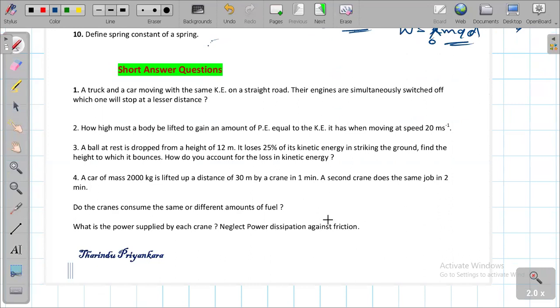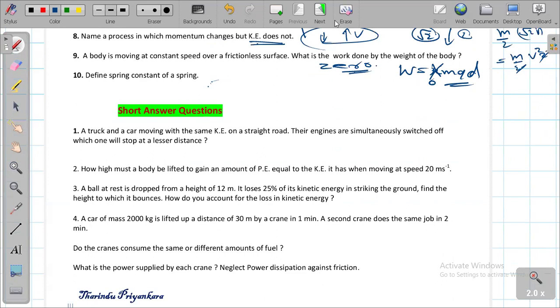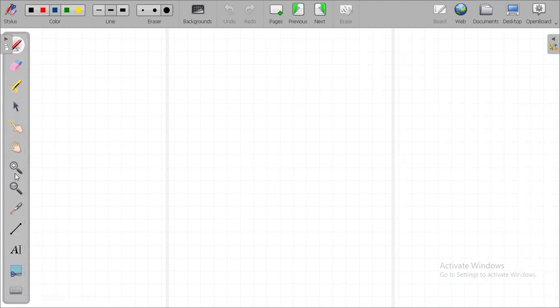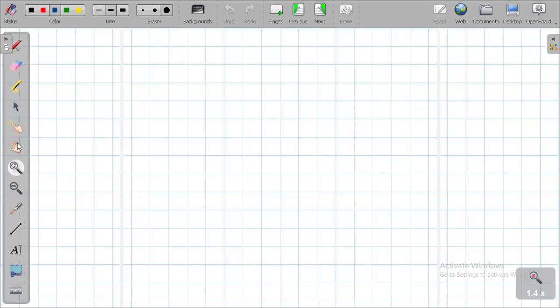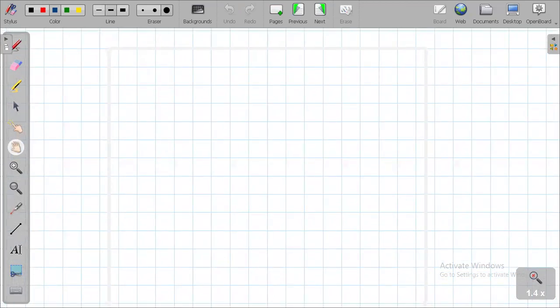Right. Let's check the timer. We have 15 minutes for doing this. Until then, I will teach you the next theory. Write the next theory: Power. Did we learn the power theory last week? I hope not. Did we?